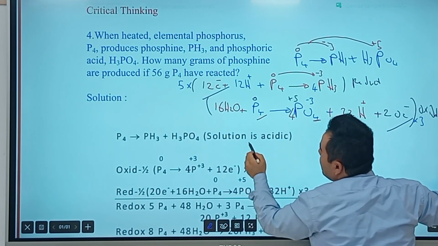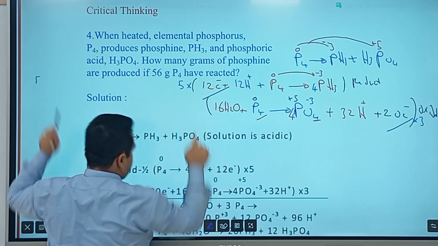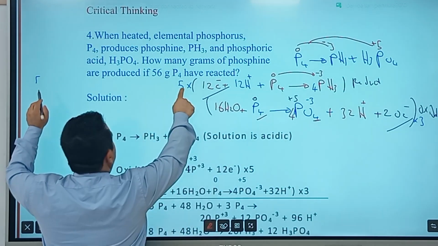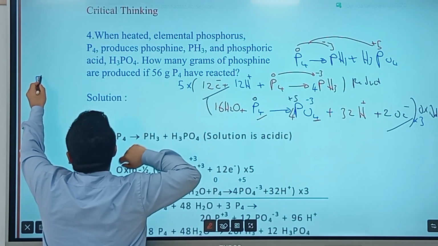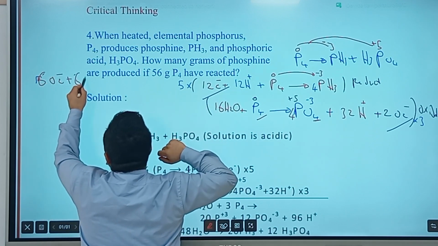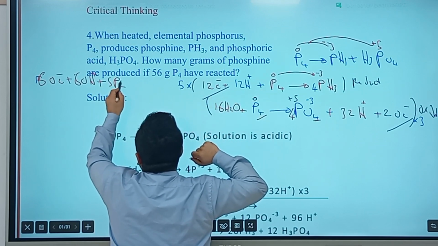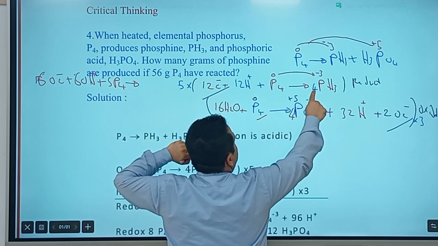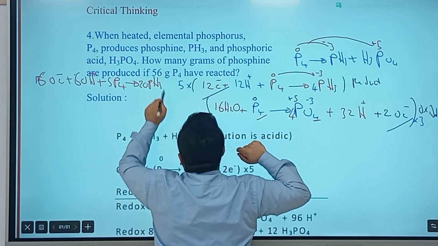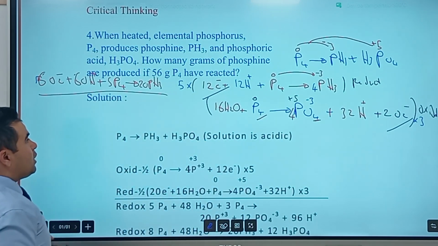Let me multiply this half by 5. Let us use another color. Okay. 5 multiplied by 12, 60 electrons, plus 5 multiplied by 12, 60 protons, plus 5 P4, and 5 multiplied by 4, 20 PH3. That's the balanced reduction half.